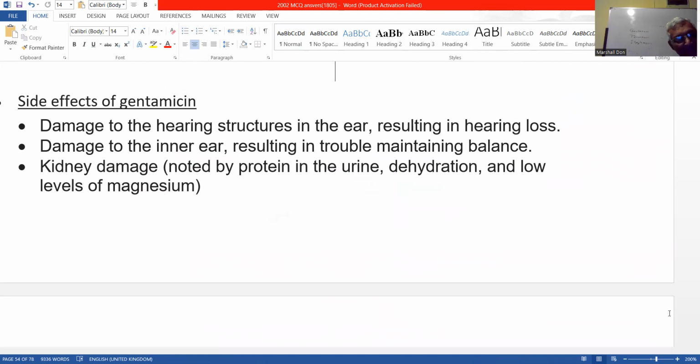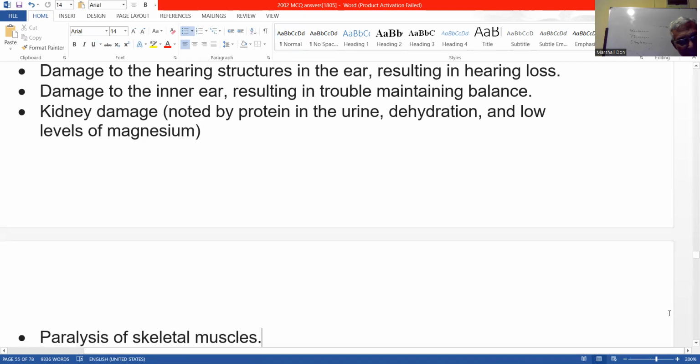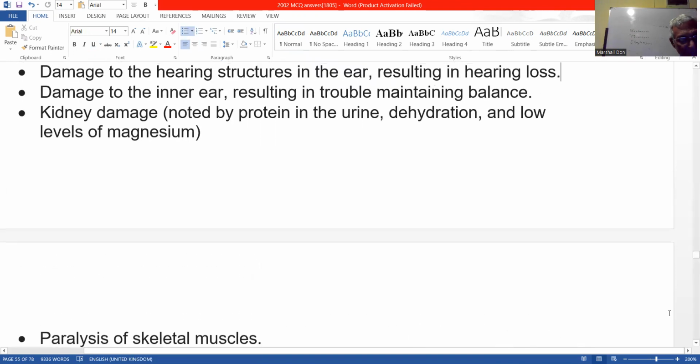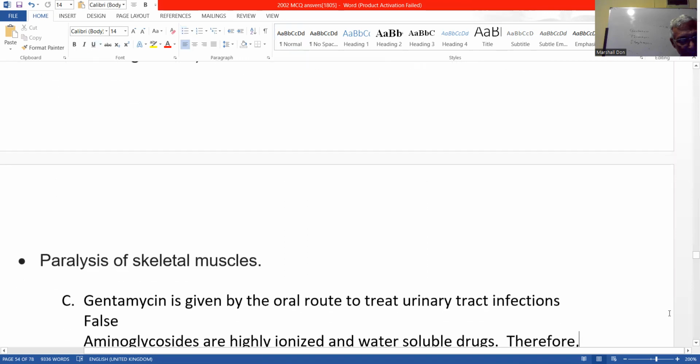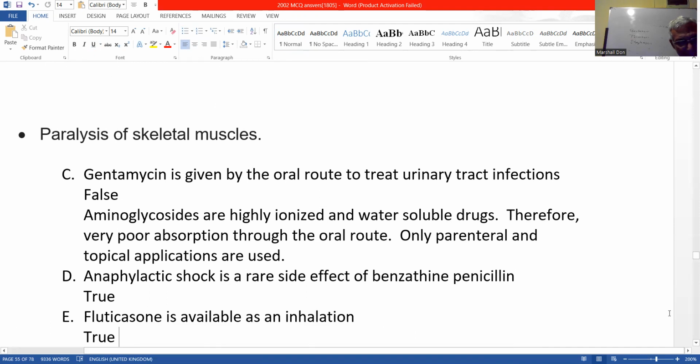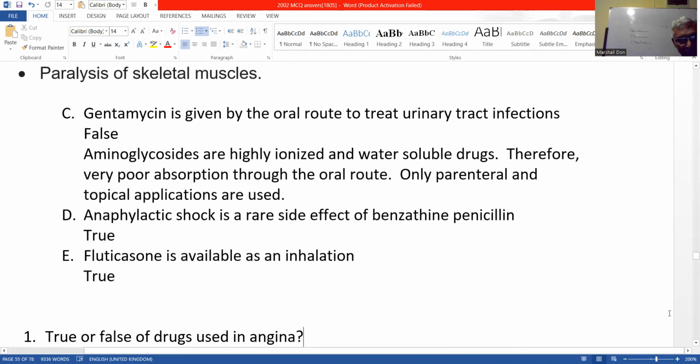Gentamicin especially, they have to check the kidney function while taking the antibiotic, and also they have to check the drug level in the blood. It causes paralysis of skeletal muscle, gentamicin.